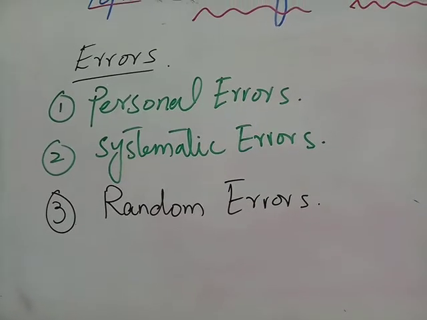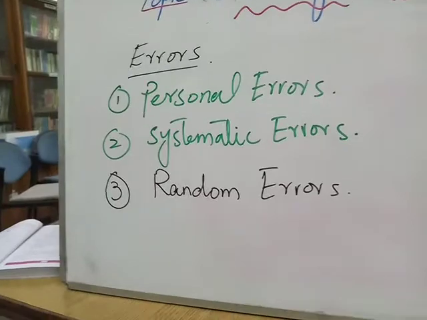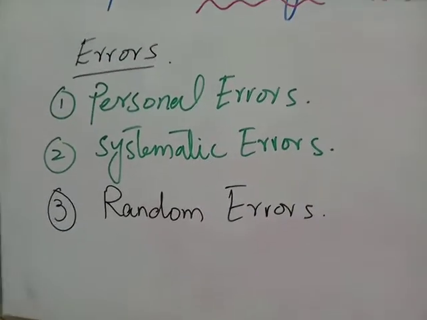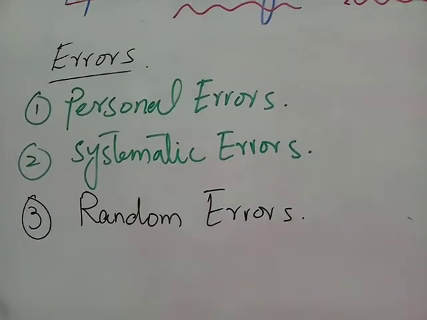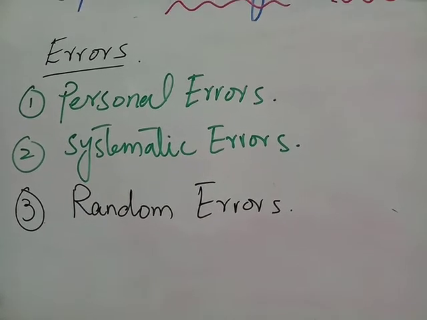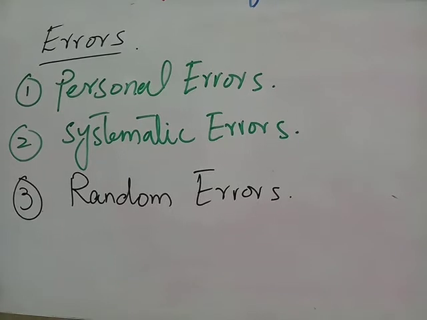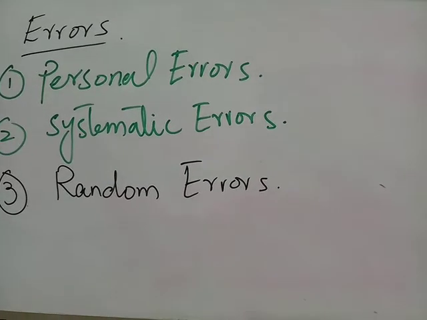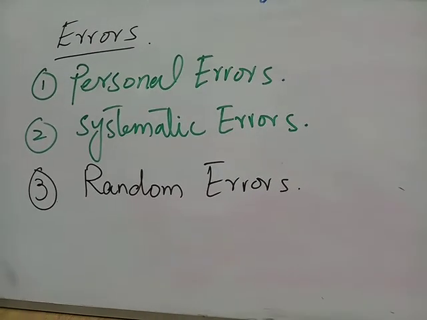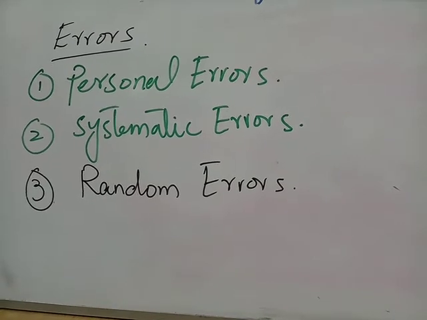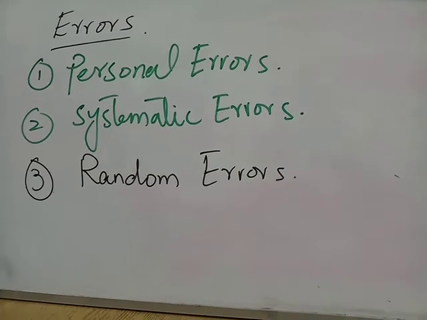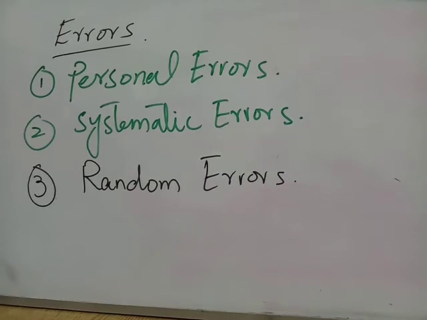This error may occur due to carelessness, improper knowledge about an instrument, or incorrect reading of a scale by an experimenter, and is called personal error. This error may vary from person to person. So how do we remove this error?